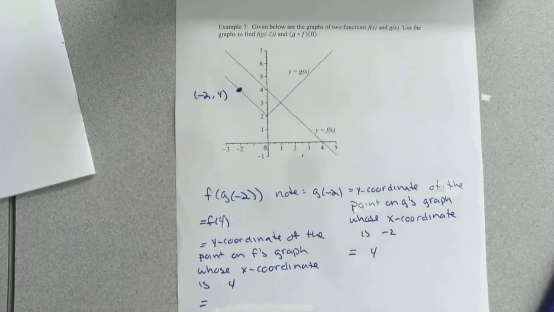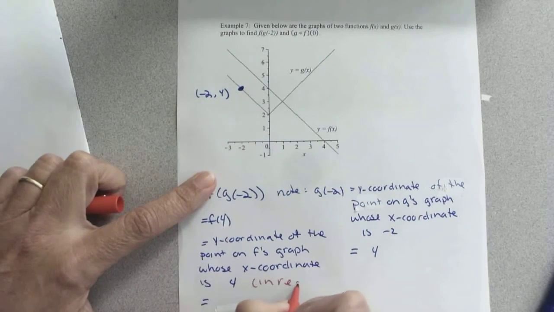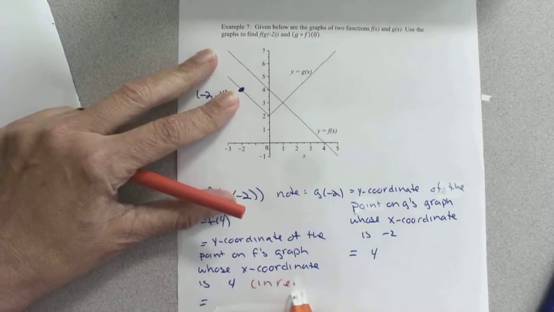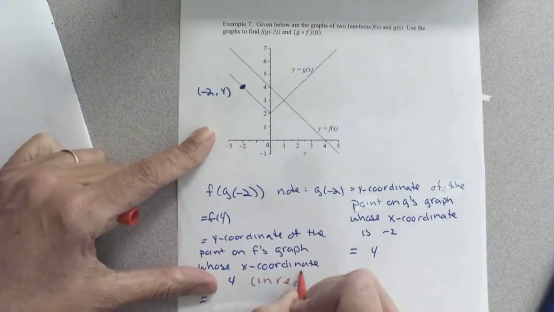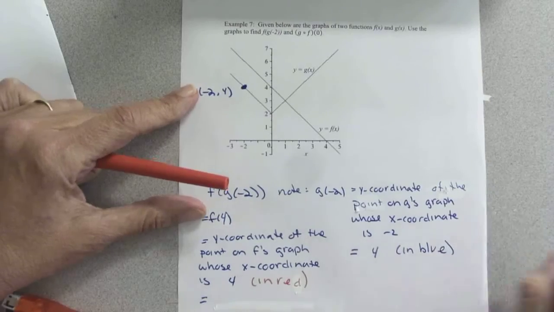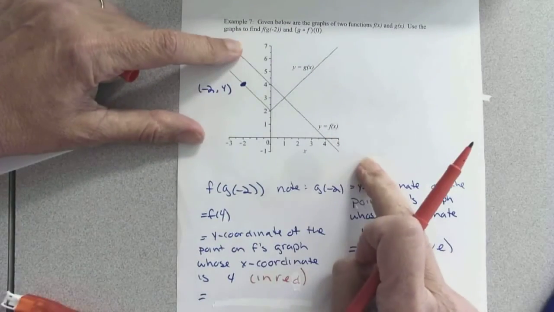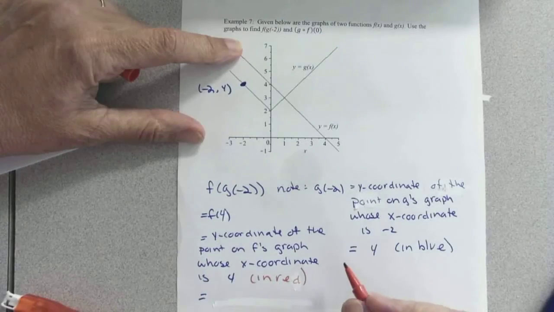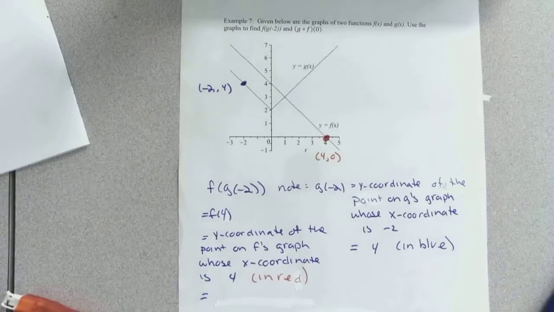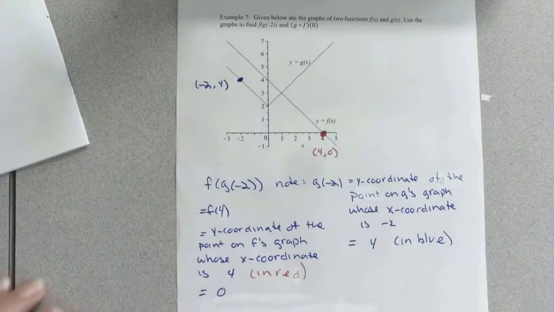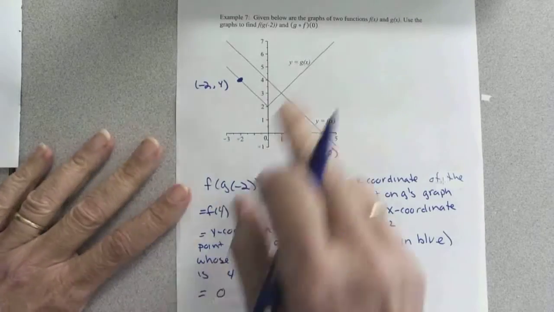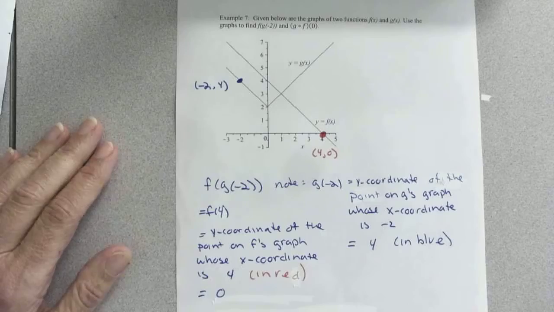And we'll do it in red, so we can keep things separate, if you're actually reading these notes. And this one is in blue. So graph of f, that's a straight line. The y-coordinate is 4. There's my point right there, 4, 0. And so this comes out to be 0. Okay, so there's the first guy.